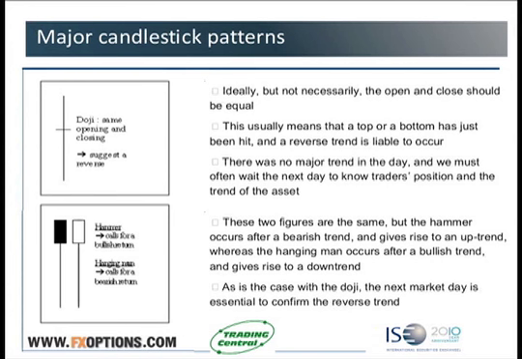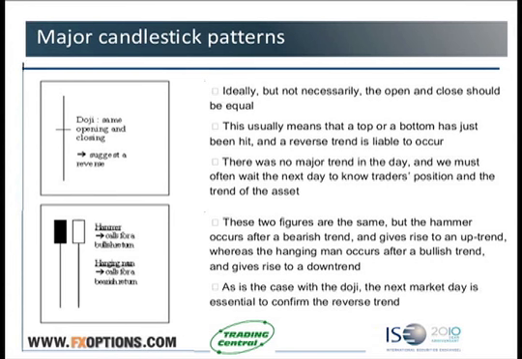Ideally, but not necessarily, the open and close should be equal. It means that you don't have a body on the Japanese candlestick, because the close is the same as the open price. This usually means that a top or a bottom has just been hit and a reverse trend is liable to occur.